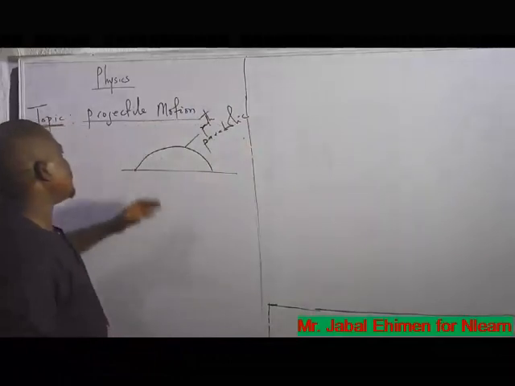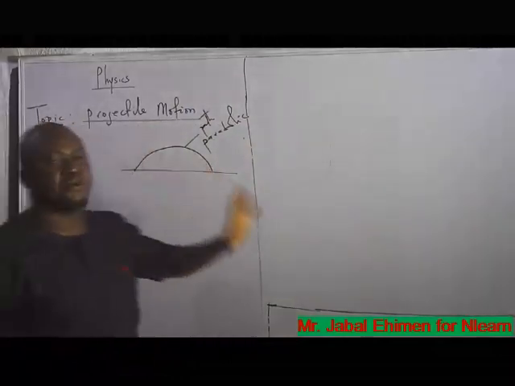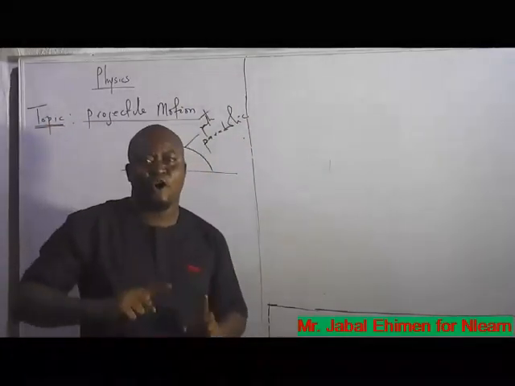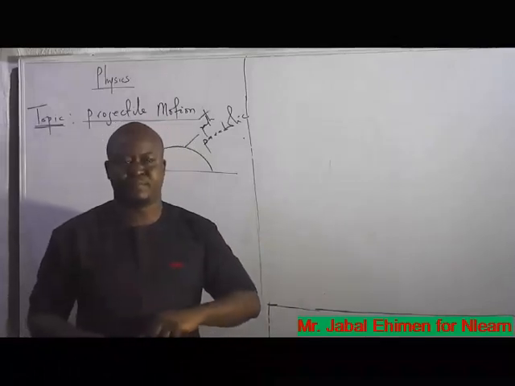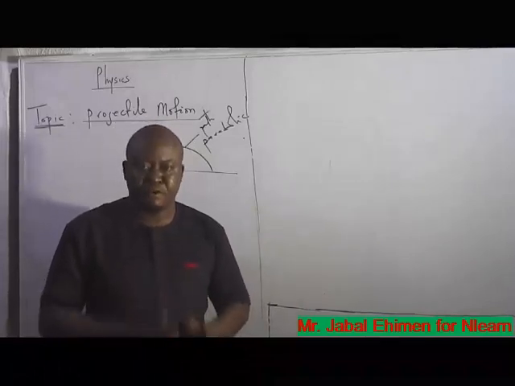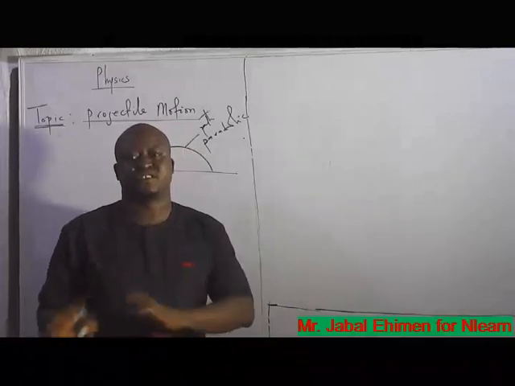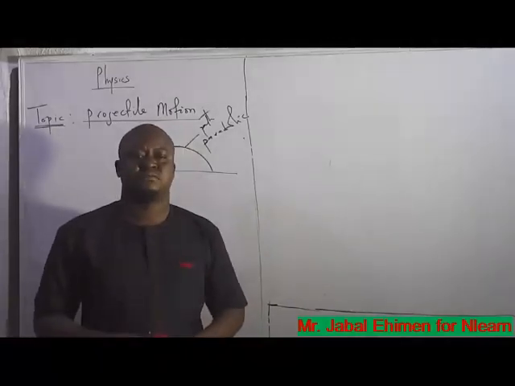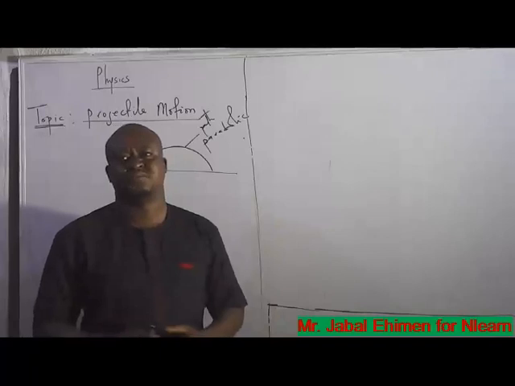Now, whenever the motion of a body passes through a parabolic path, we say that the body is in projectile motion. But this projectile motion can be horizontal.